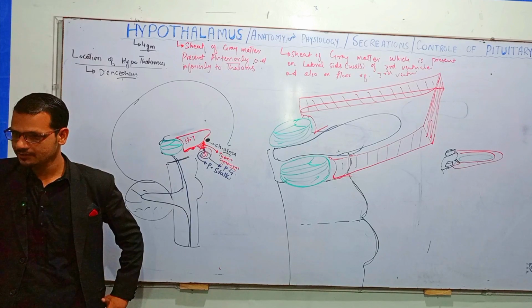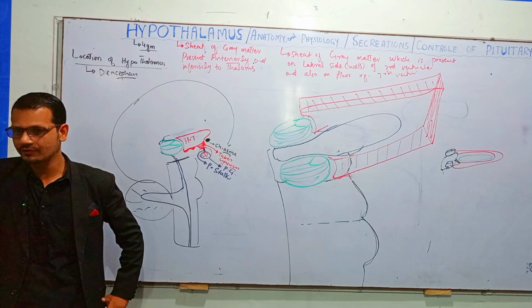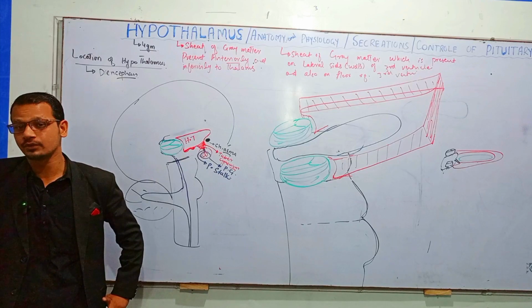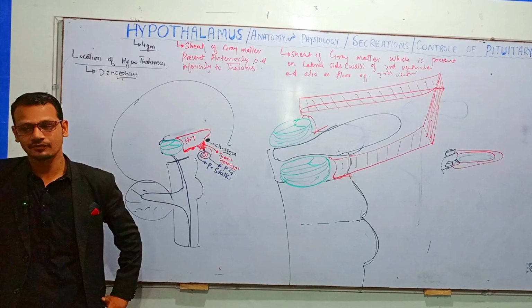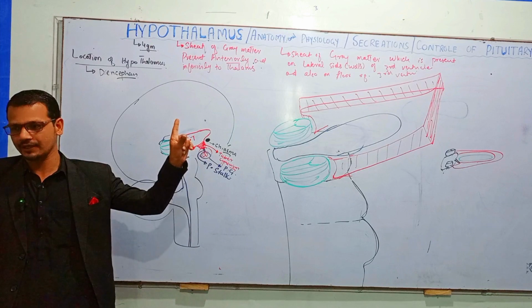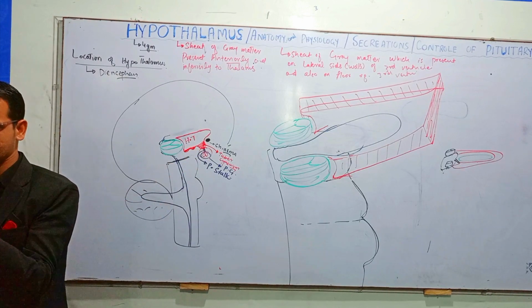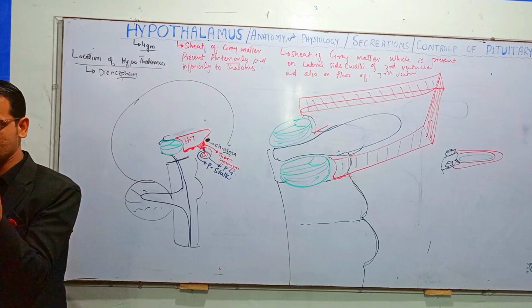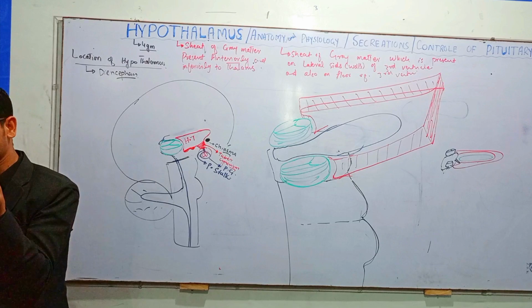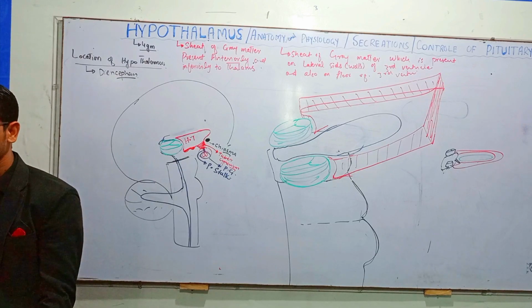We have tracts, we have commissures, we have fibers, and also we have nuclei. All the functions are controlled from the nuclei of the brain. The nuclei are the collection of cell bodies in white matter. When some cell bodies accumulate or collect in the white matter of the brain, this is called nuclei.